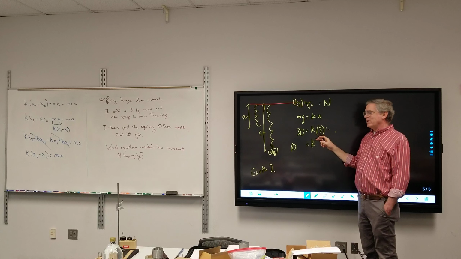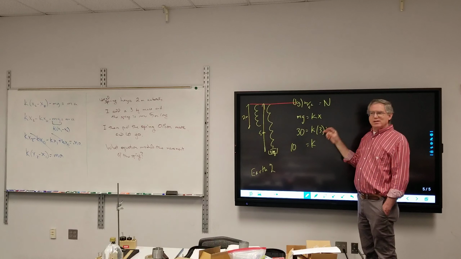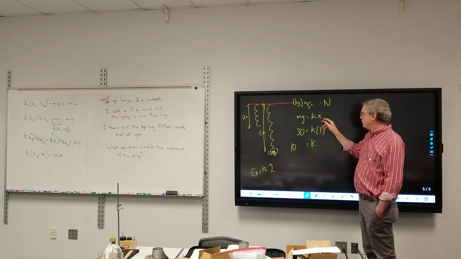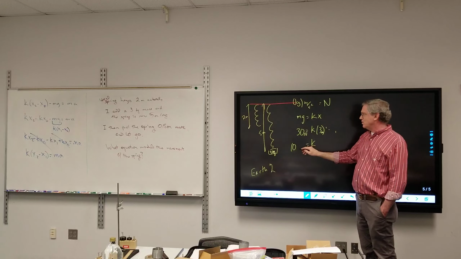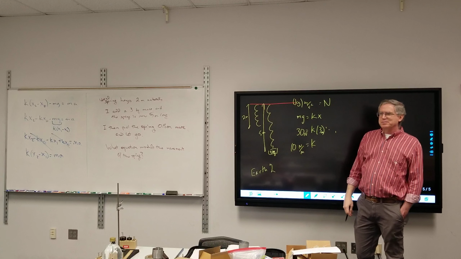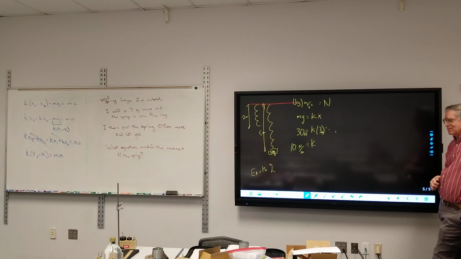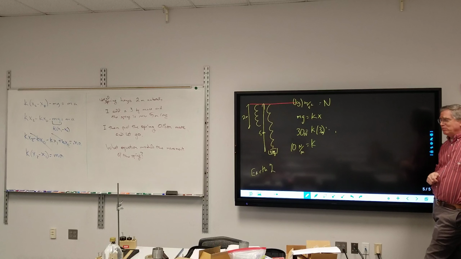What are the units of this 3, which is x? Meters. So that's 30 newtons, and that's 3 meters, so it's newtons per meter. Not newton meters, and there's no squaring there. So the spring constant is 10 newtons per meter.